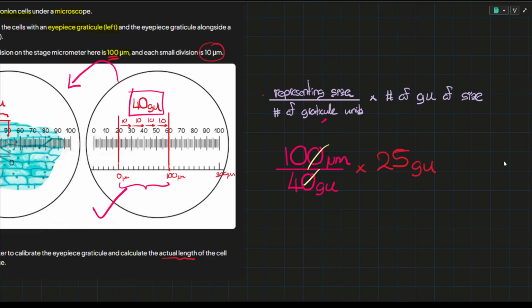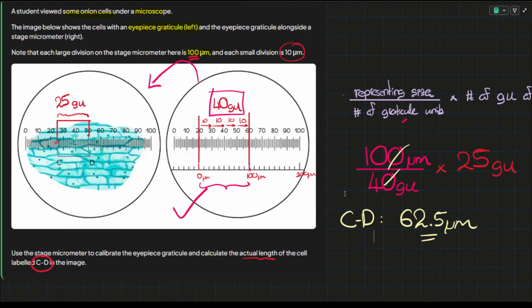Let me double check. So that's 100 over 40 into 25. Yes, that's basically 62.5 micrometers. So cell CD is 62.5 micrometers long.